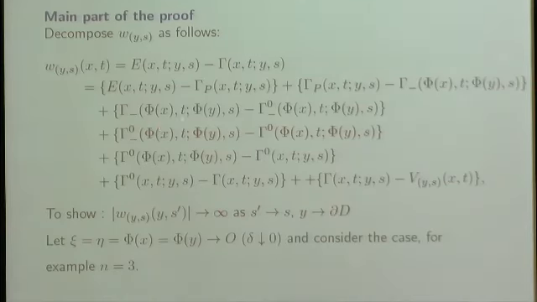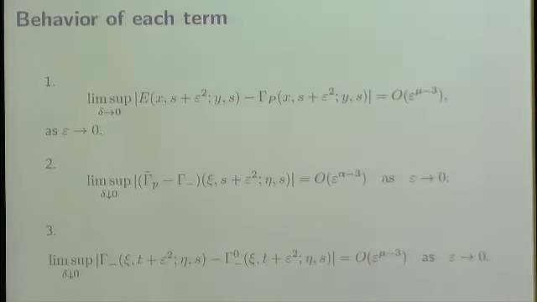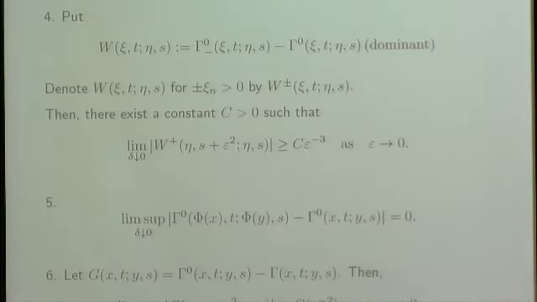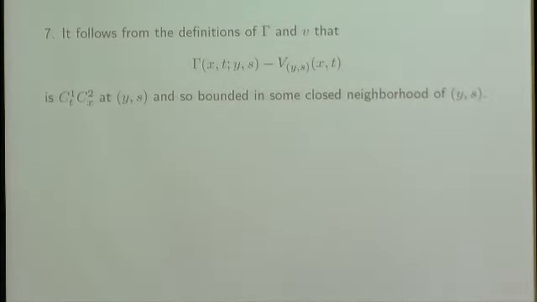Then we can see that the fourth term, in red color, is the dominant part for the behavior of this W. Well, I will skip all of this. I'm not giving a completely good explanation for the proof, but that's the key.